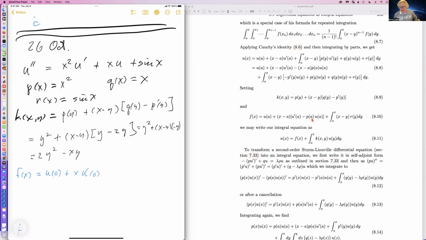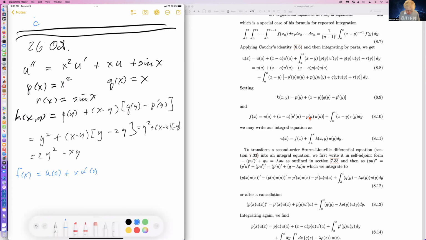And then we subtract p of 0, but p is x squared, so p of 0 is 0. So I don't need anything more. This is u prime of 0.